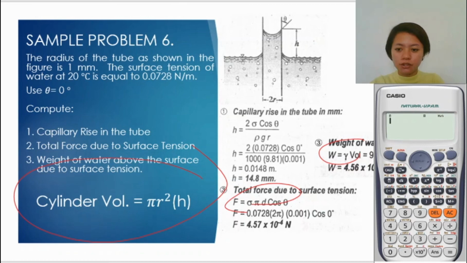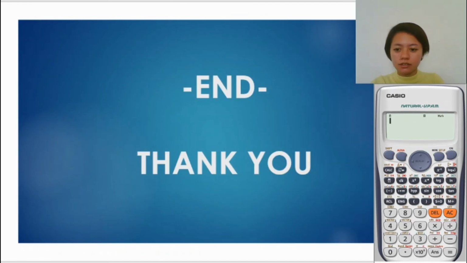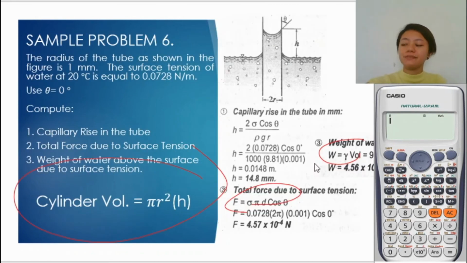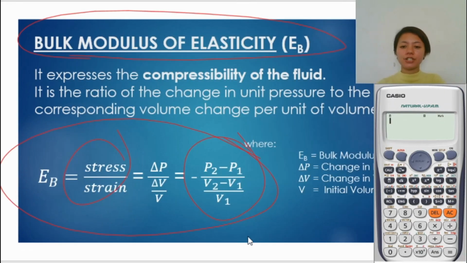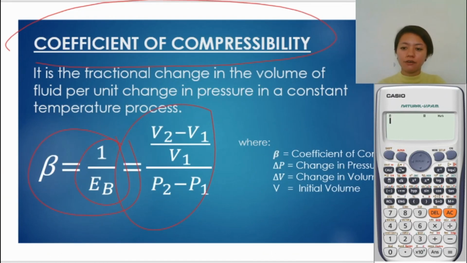So I guess that would be our last sample problem for our properties of fluids. Quick recap of our properties of fluids part 2 topics. We have the bulk modulus of elasticity, E sub V, which expresses the compressibility of the fluid, and its reciprocal, the coefficient of compressibility: the fractional change in the volume of the fluid per unit change in pressure at constant temperature.